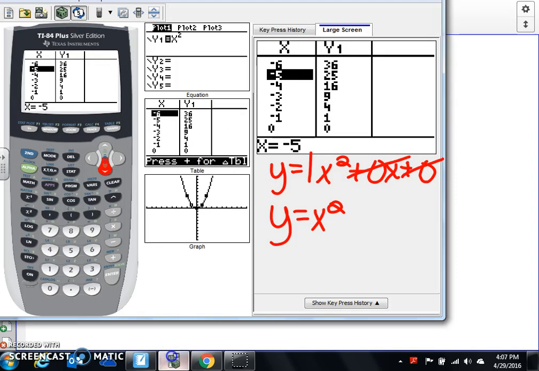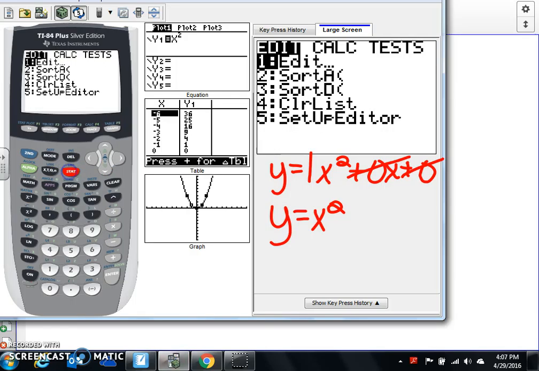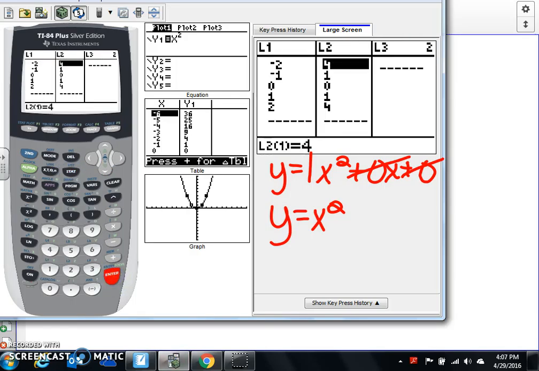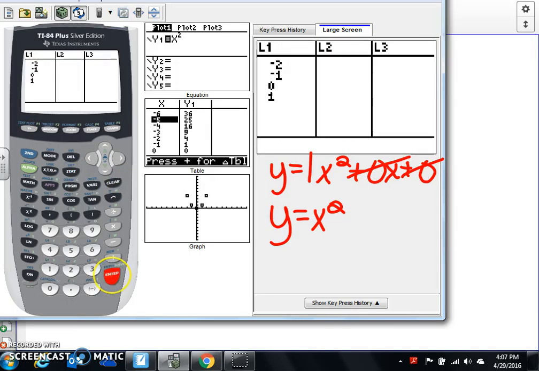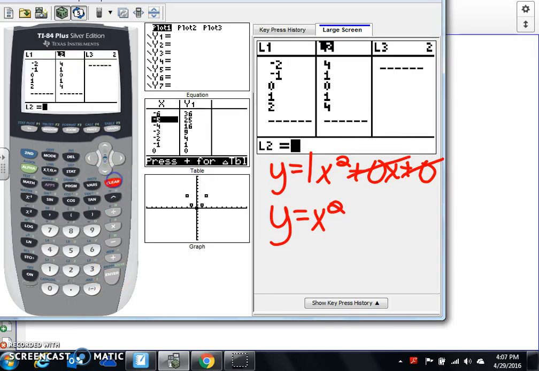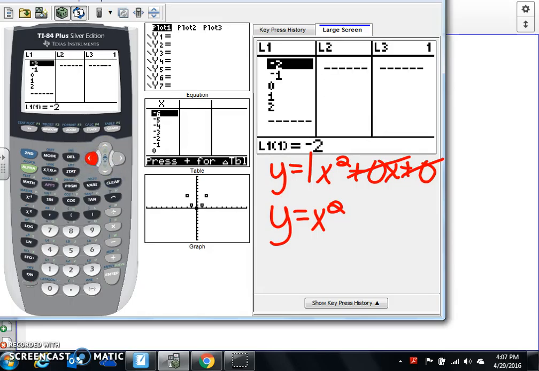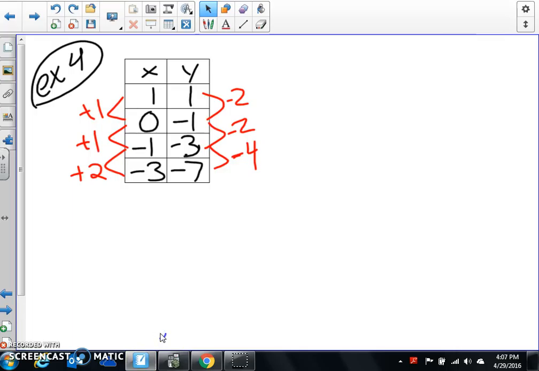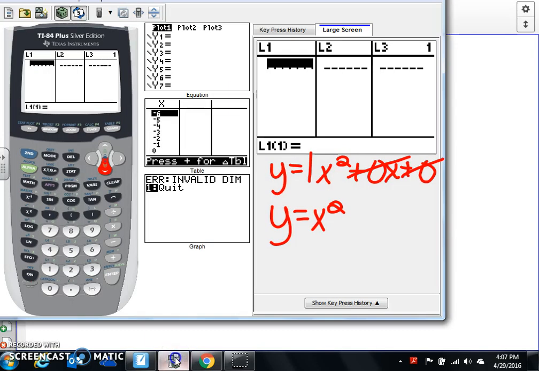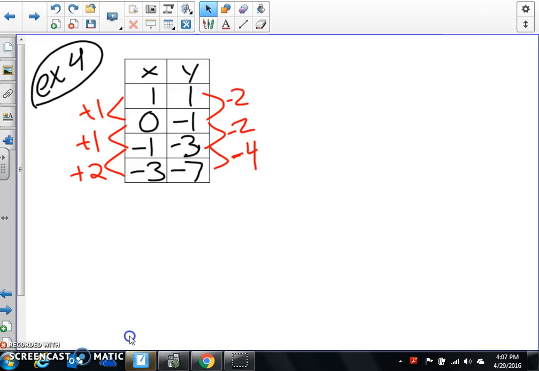So I'm going to go to my calculator. I'm going to put it into stat. I'm going to edit my list. Actually, before we do that, let's go to y equals and clear out the old stuff. All right, stat, edit, clear, go over, clear. Our L1 is 1, 0, negative 1, negative 3. Oh, negative 1, negative 3.